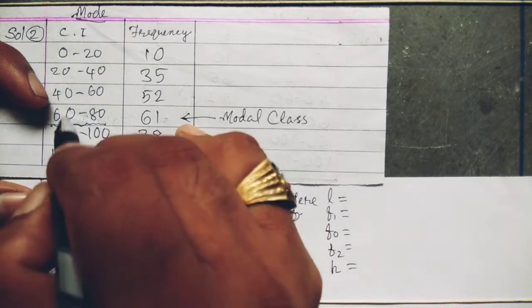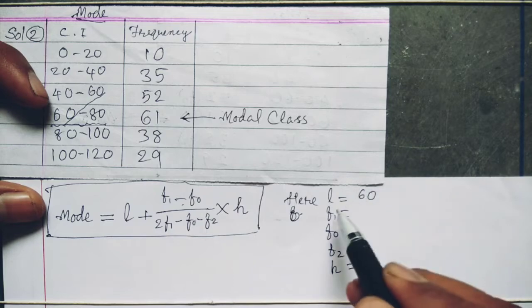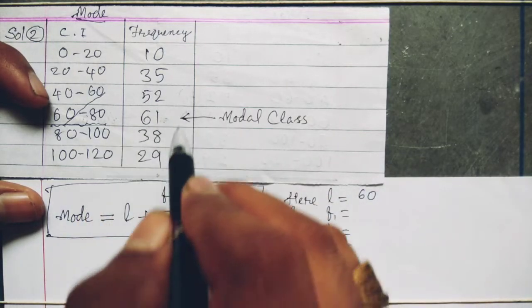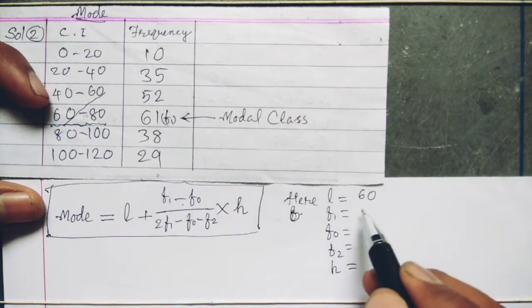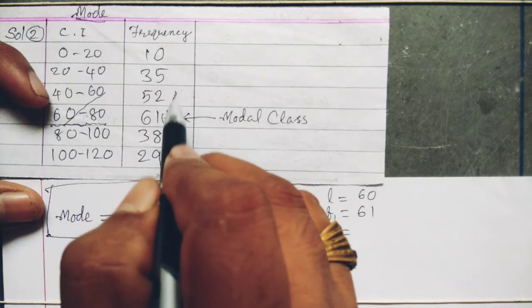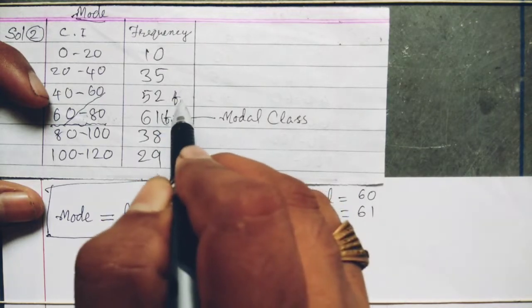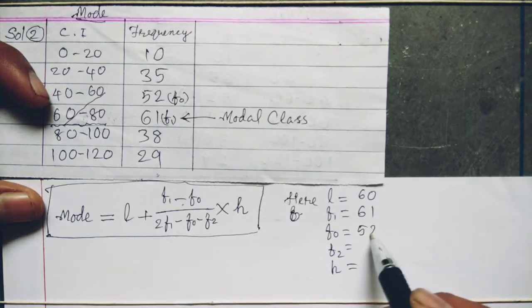L is the lower boundary, 60. f1, the frequency of the modal class, is 61. f0, the preceding class frequency of the modal class, is 52.